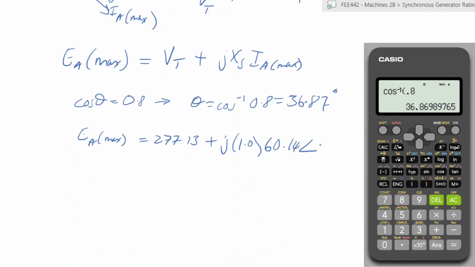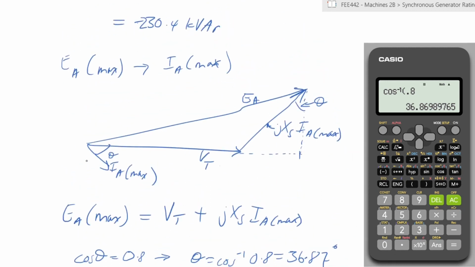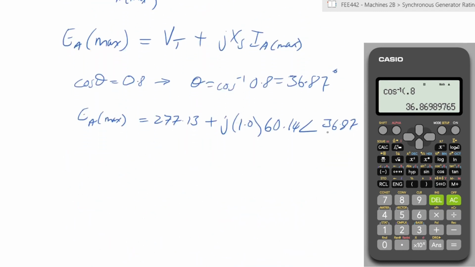60.14 amps at an angle of 36.87, right? So our IA here is at an angle of 36.87. But remember that it is in a negative direction, so you still have to put your negative here. 277.13 plus 1I times 60.14 into negative 36.87 degrees.